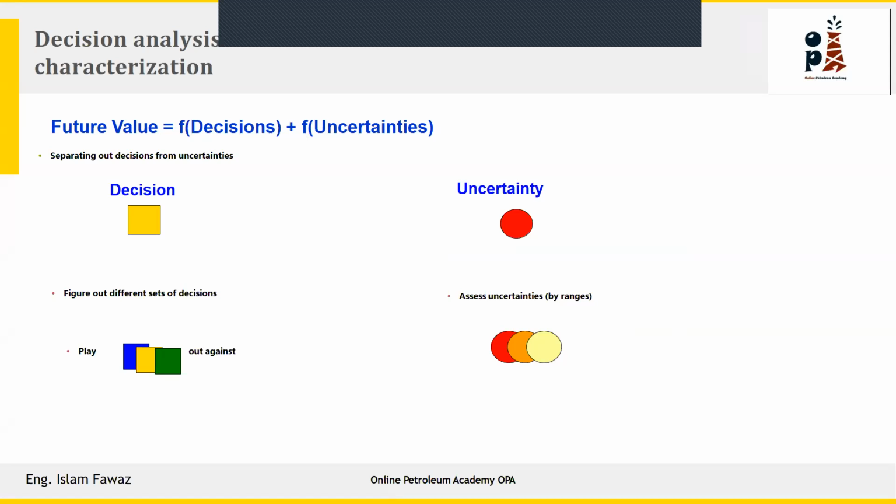We are separating decision from uncertainty. Decision is controllable; it is in our hand, but uncertainty is not controllable. We know we have a value, but we don't know what the value is. Then we set different decisions here, and we assess uncertainty by range. In the end, we go to the value of information.